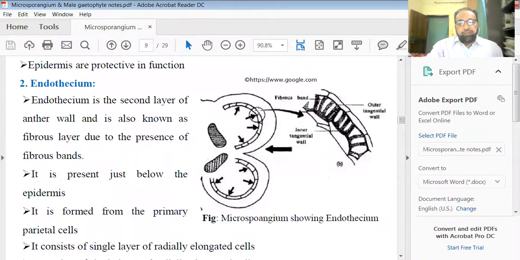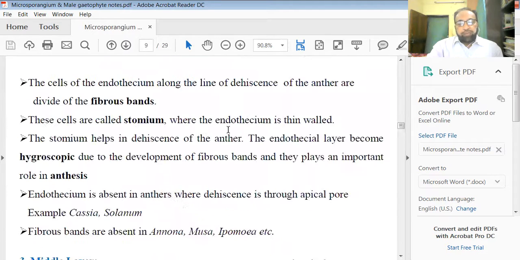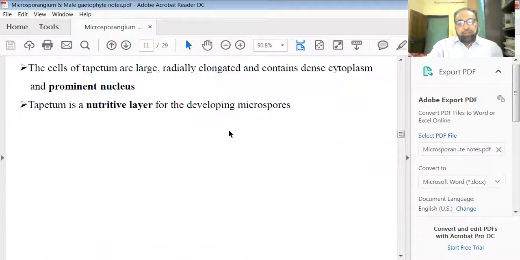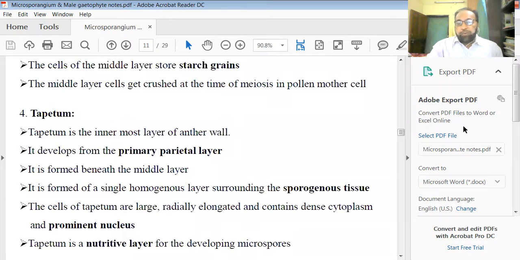So you will find that spores are present in the sporangium, and these spores play an important role for various purposes, as do the pollen grains or pollen mother cells.